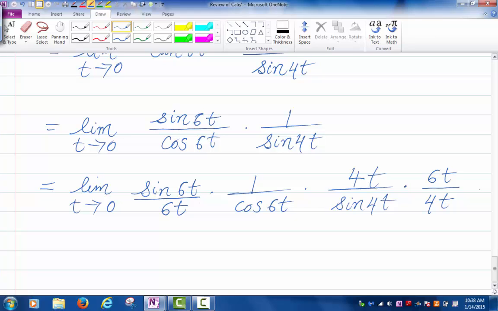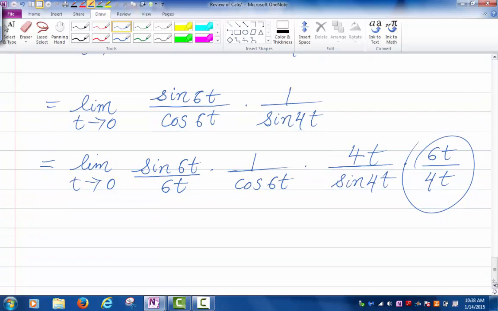So this quantity here, that's basically what? 3 over 2, right?